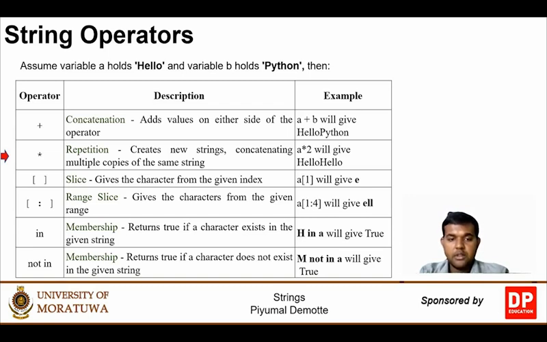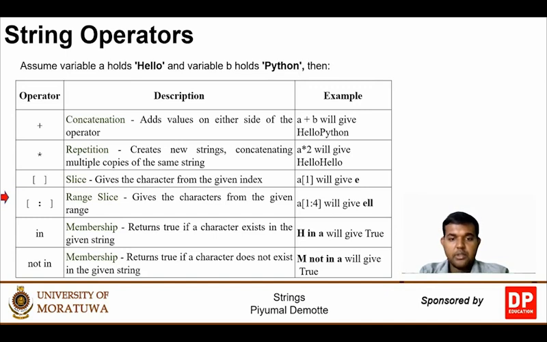We also discussed the square bracket operator or the slice operator, where we can access characters of a string given an index. a within square brackets 1 will return the character at index 1 of the variable a, which is the character e. The range slice notation could be used to retrieve substrings or a set of characters from a given range.